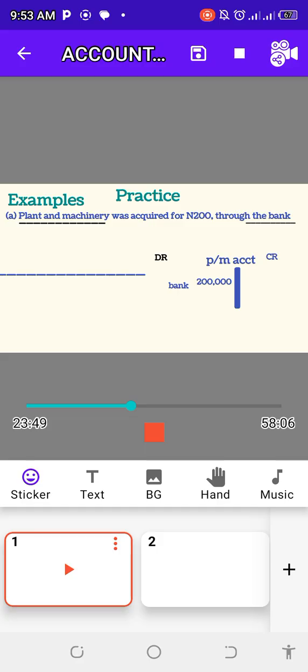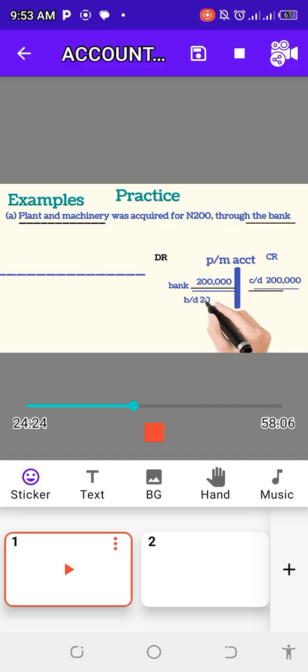Balance carried down, 200,000. And we rule off with a double stroke.